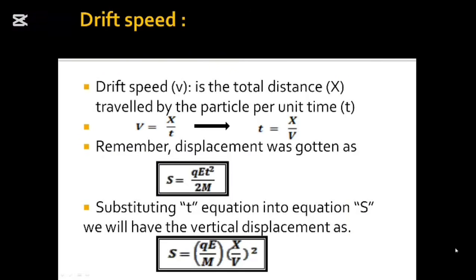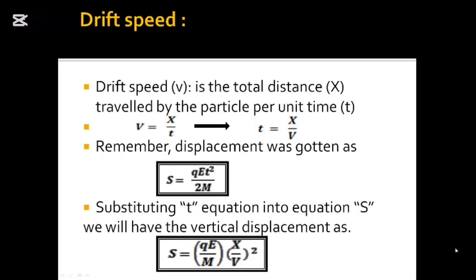That is the formula for displacement with drift speed. I repeat, qE over 2m, x over v all squared. That is our displacement with drift speed.